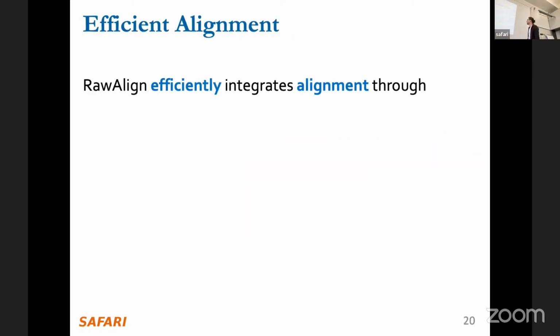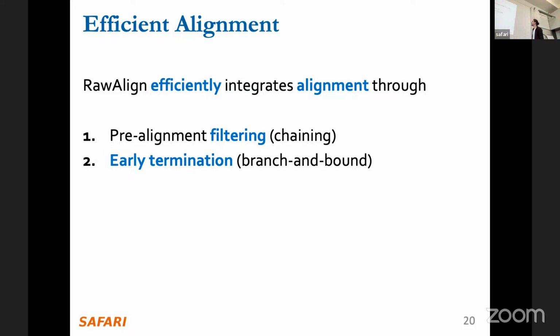So the fact is, efficiently integrating alignment requires some algorithmic innovation and, let's say, also some engineering to implement those innovations efficiently. So we developed some techniques here where we use pre-alignment filtering, also chaining. Then we develop an early termination strategy where we realize sometimes we just don't need to do alignment actually.